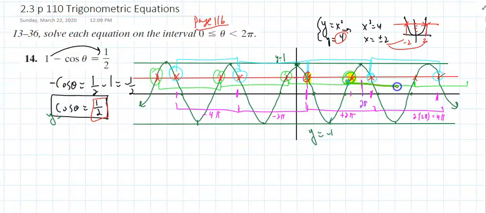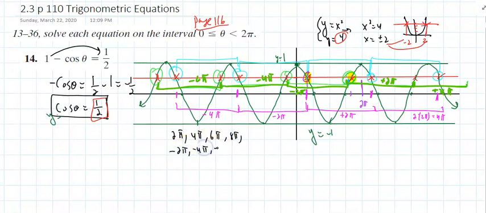And if I know what this point is, if I add 2 pi to it, I'll get the next time that happens, another 2 pi, subtract 2 pi, subtract another 2 pi, subtract another 2 pi. So I notice I'm really adding 2 pi, 4 pi, 6 pi, 8 pi, negative 2 pi, negative 4 pi, negative 6 pi, and negative 8 pi.